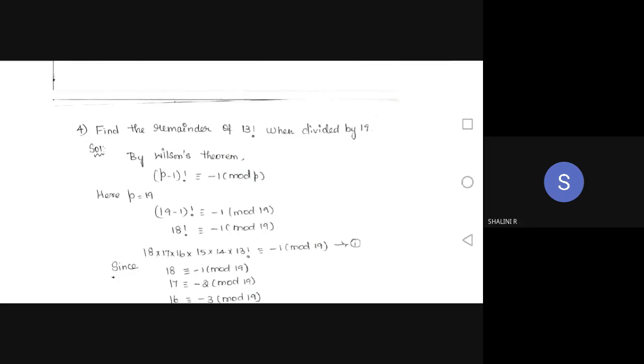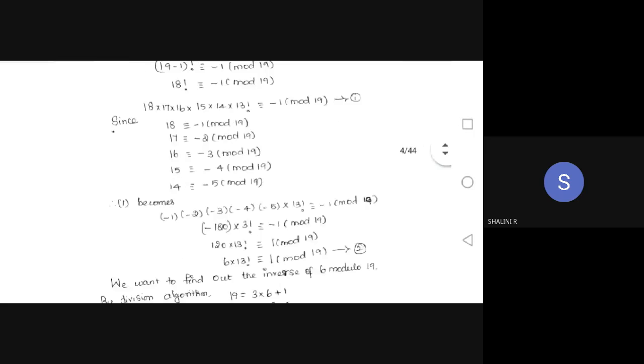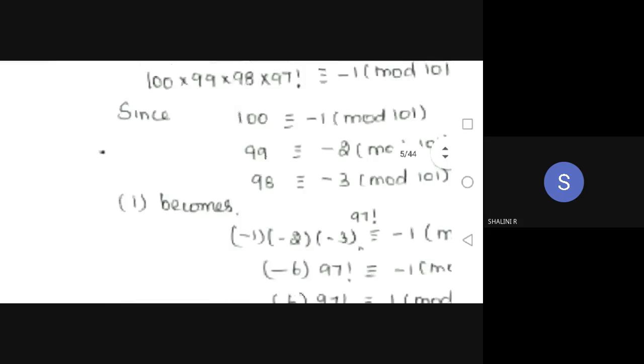The same type of problem was solved by using Fermat's little theorem. Actually, the remainder of 97 factorial when divided by 101 could be solved by using Wilson's theorem.